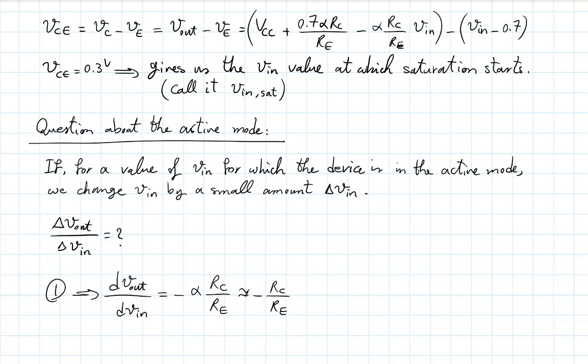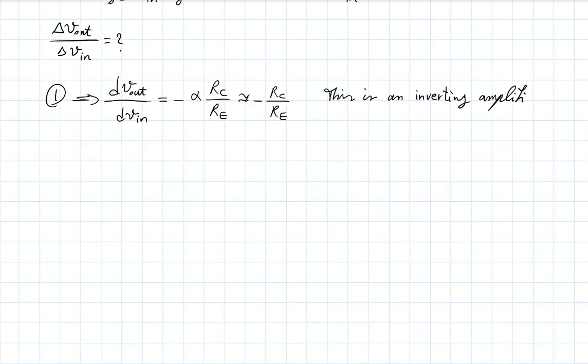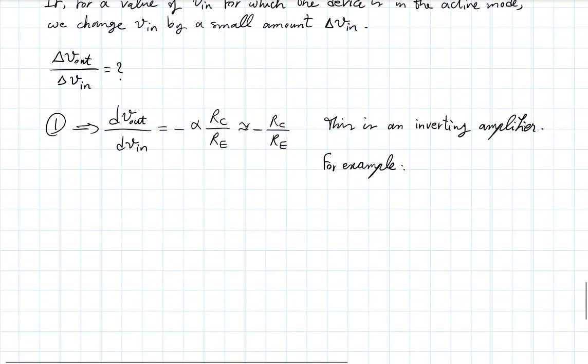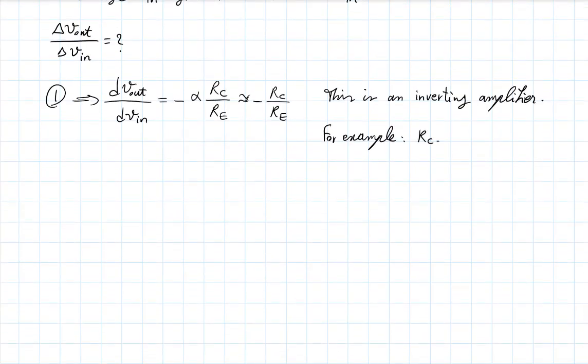It's an inverting amplifier. For example, if you put numbers to this, and this could be a real scenario, you can say RC being 10 kilo ohms, RE being 1 kilo ohm.